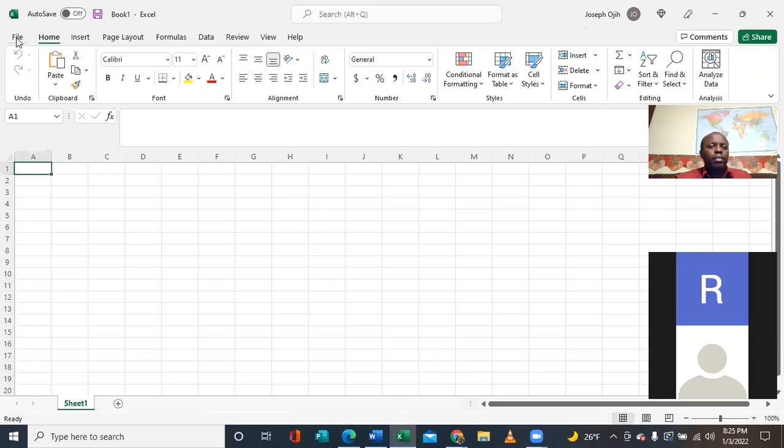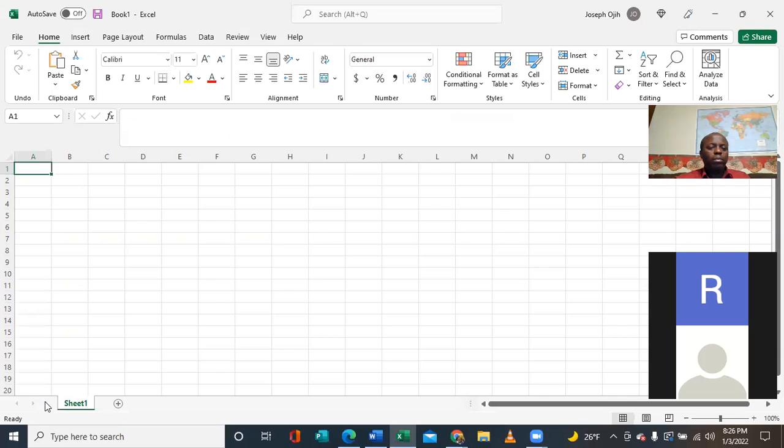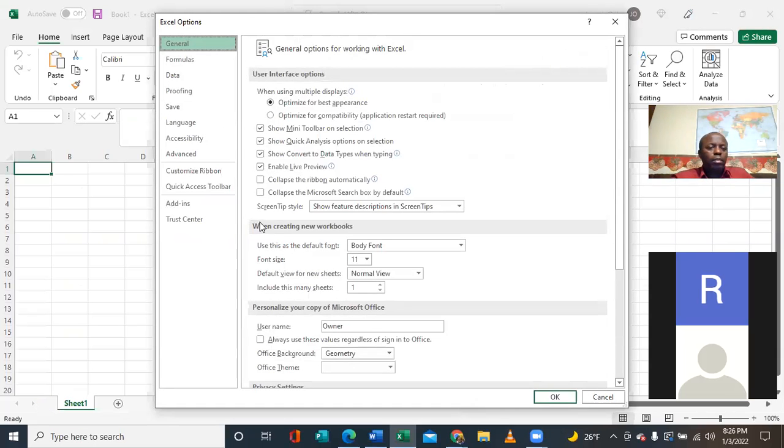Go to File, and then Options. Click on Options.